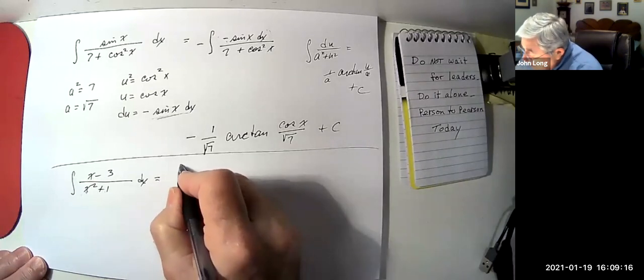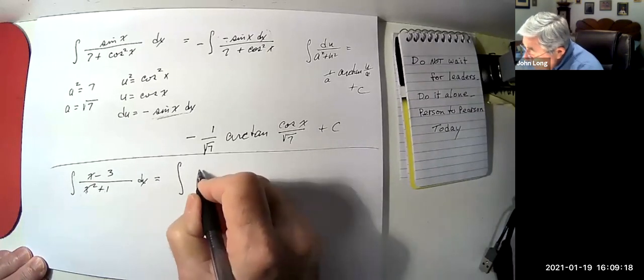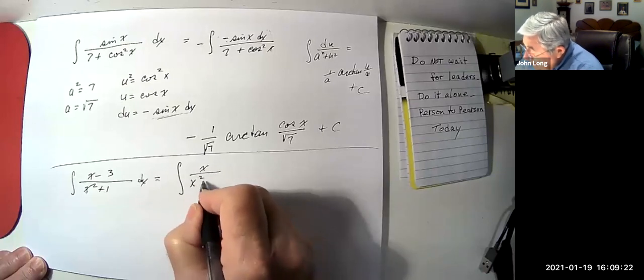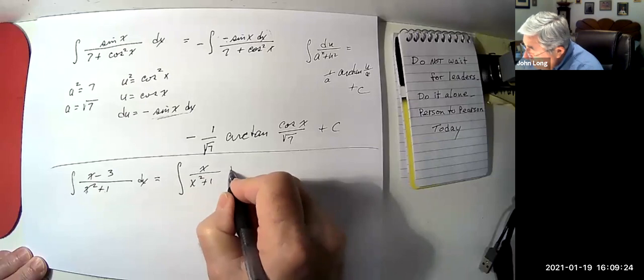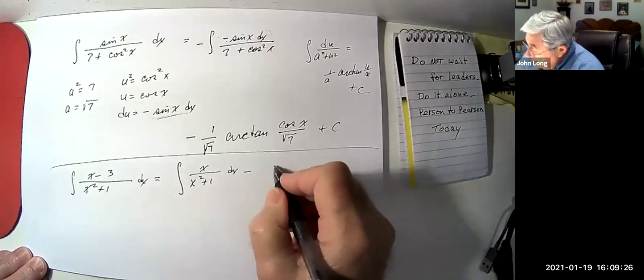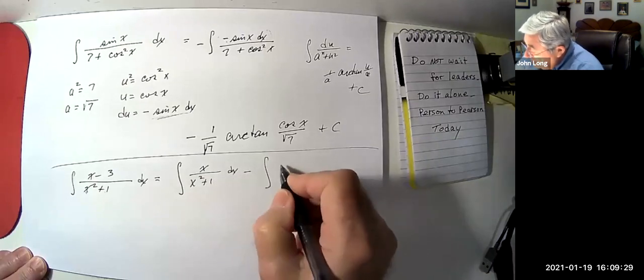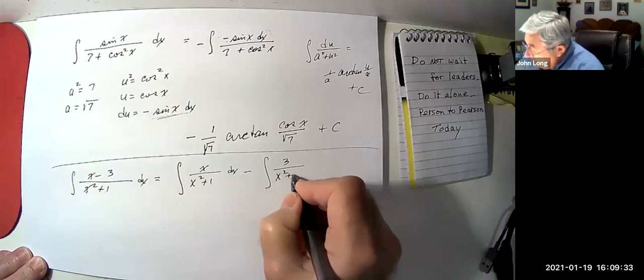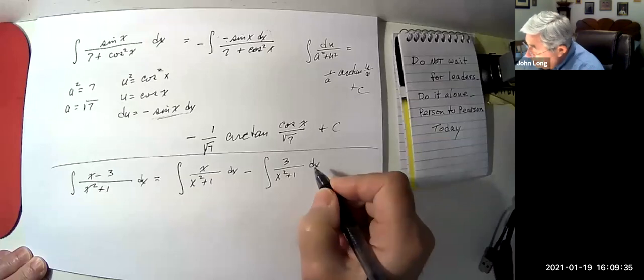And so this can be thought of as the integral of x over x squared plus 1 dx minus the integral of 3 over x squared plus 1 dx.